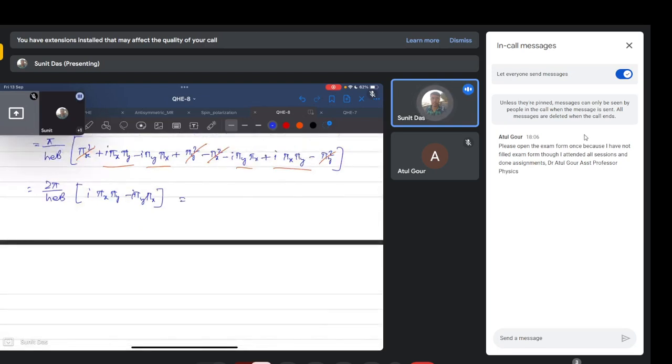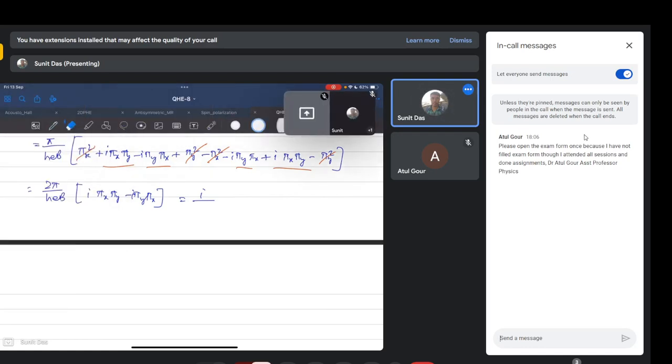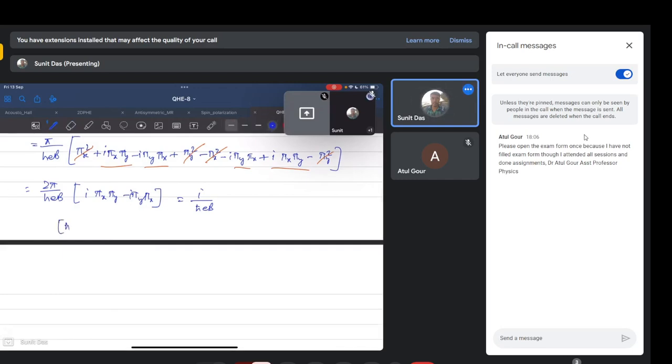So this will be 2 pi i by eB times h bar, and h bar is simply h by 2 pi, and then we have just the commutator of pi x and pi y.